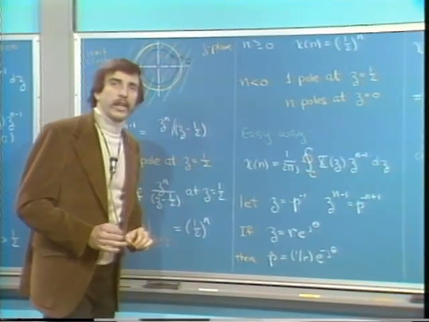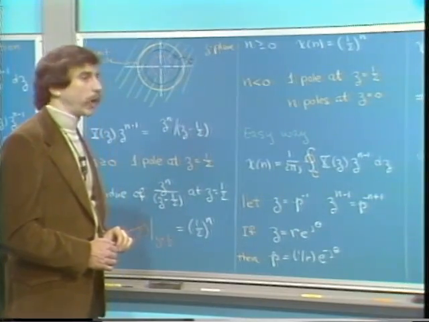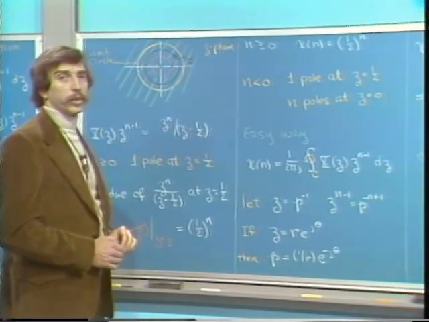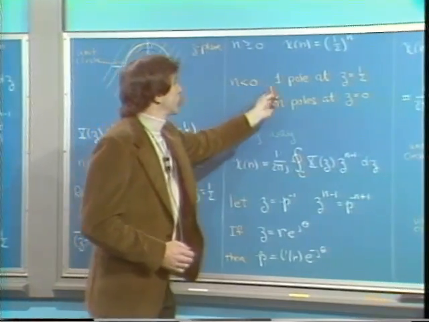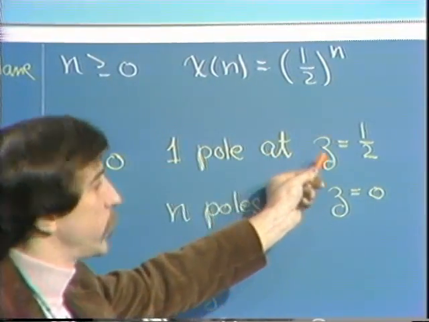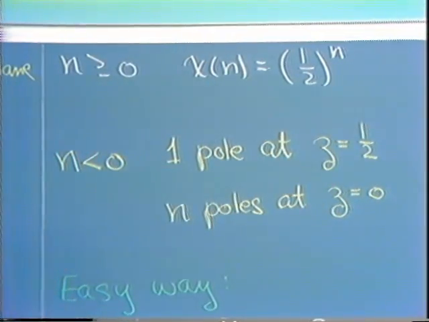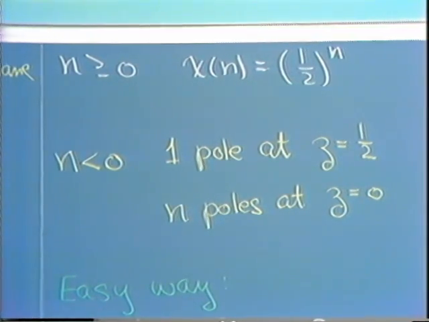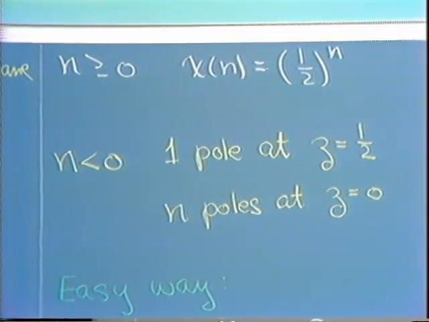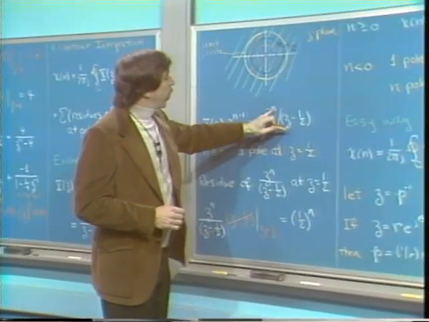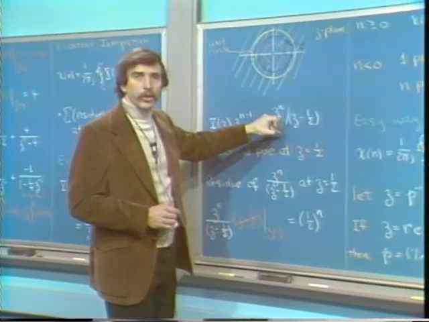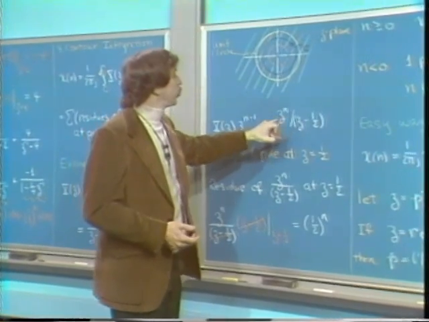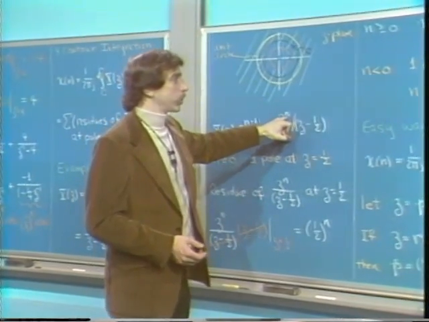Now we have to get the inverse Z transform for n less than 0. Well, for n less than 0, again, of course, we have one pole at z equal to a half. But now, remember that we had this factor, which was z^n. And for n negative, that introduces poles at the origin. And in fact, it introduces n poles.